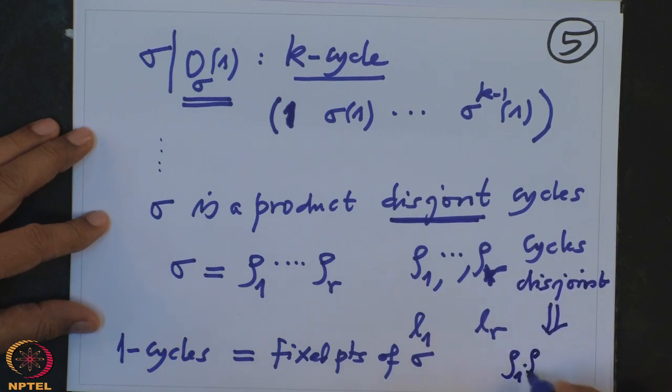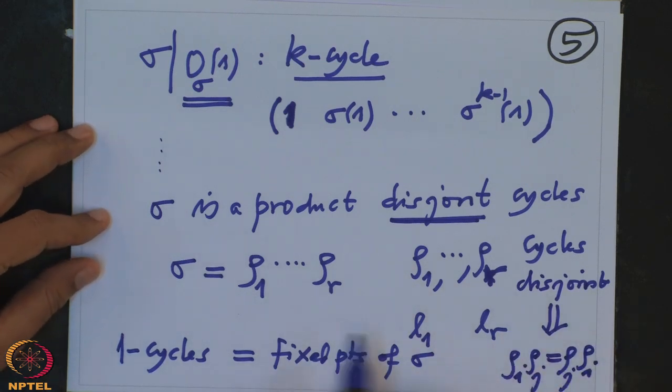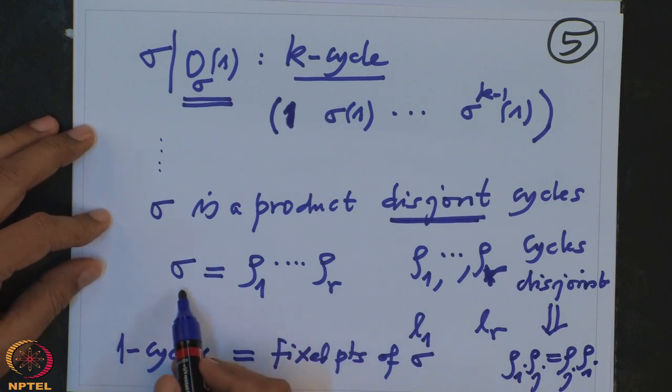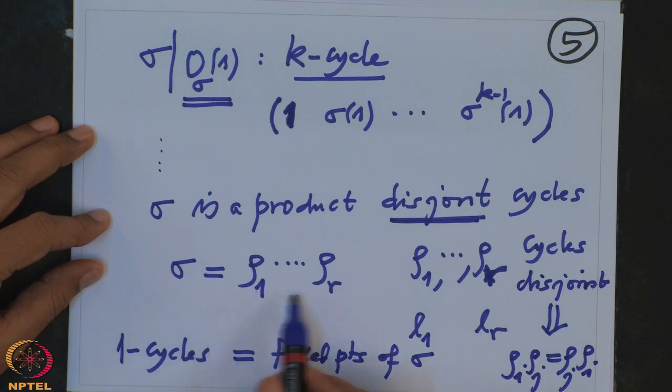Rho i, rho j will be equal to rho j, rho i. So, as far as finding the order of the permutation sigma in the permutation group, if we know the orders of these, then we will know the order of sigma, because they commute, therefore, the order of the product will be the LCM. So, the advantage is our calculation becomes easier, comfortable.